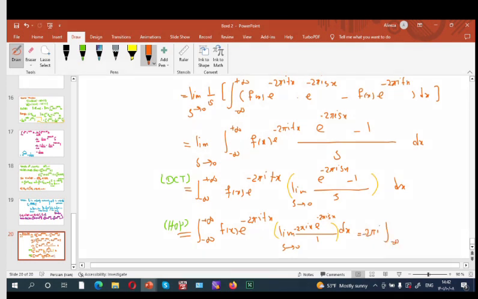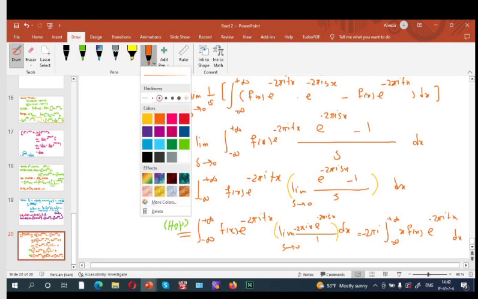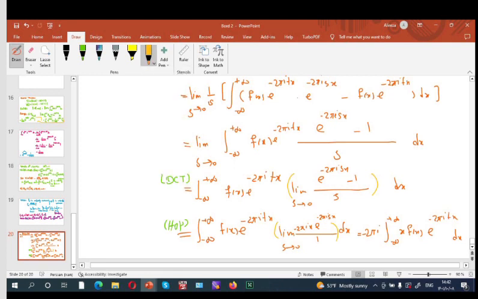times this integral of x f of x e to the minus 2 pi i t x dx, and this is exactly the Fourier transform of x f of x, and this is g. We know that this is our function g of x.